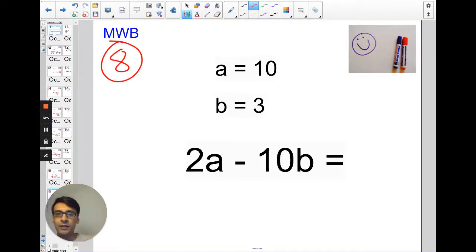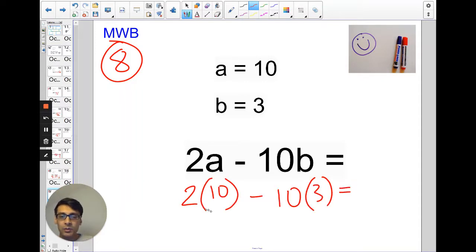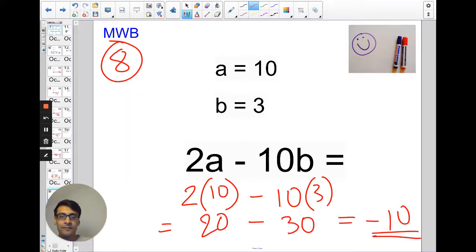Pause the video, have a go. Okay, and I'm going to show you the answer. So 2 times 10, take away 10 times 3. That will end up being 20, take away 30, which is negative 10. Give yourself a tick if you got that.